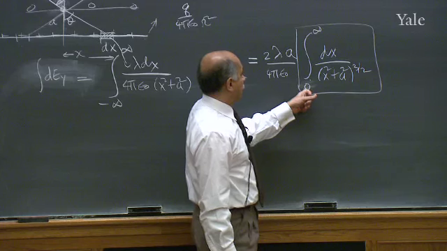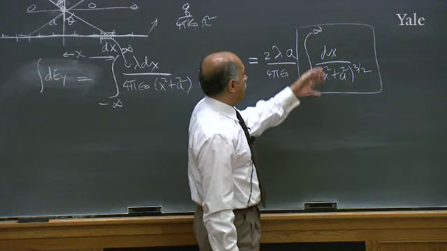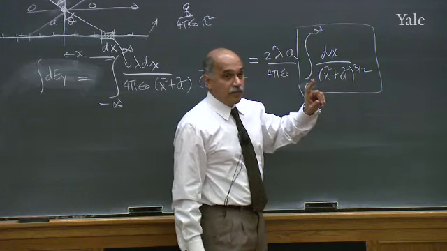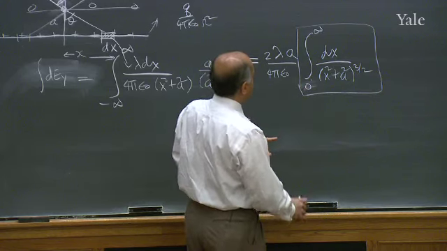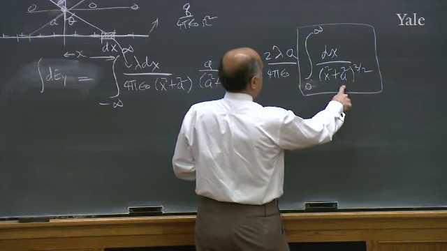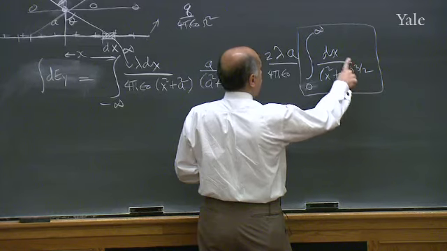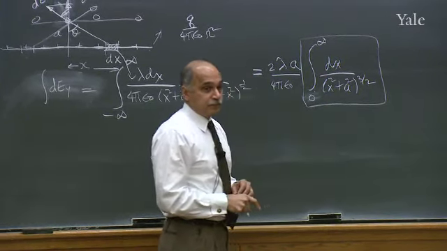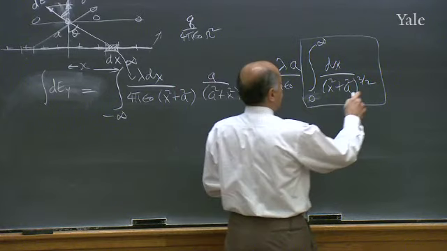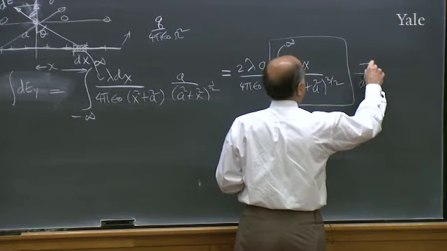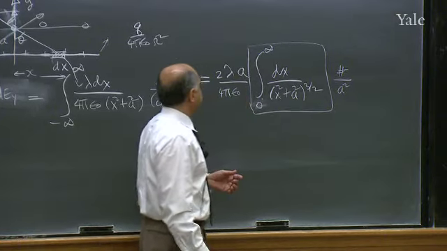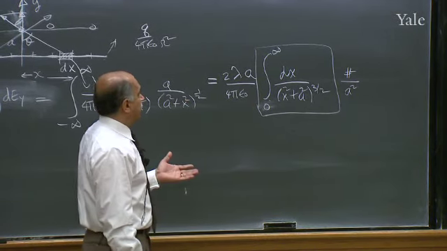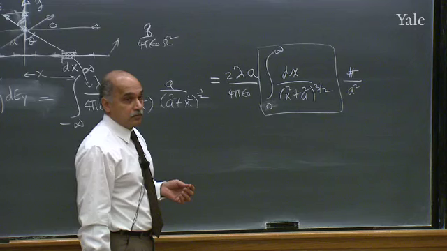If the lower limit was 5, it could depend on 5, but it doesn't depend on anything other than a. Then from dimensional analysis, I've got a length squared to the 3 over 2, that's length cubed, and a length on the top. So the whole thing should look like something over length squared. The only length I have is a, so it's going to look like 1 over a squared times a number. Once you've got the number, you're done.